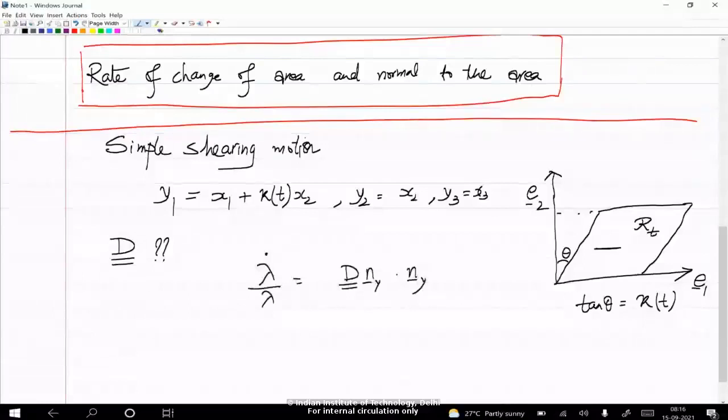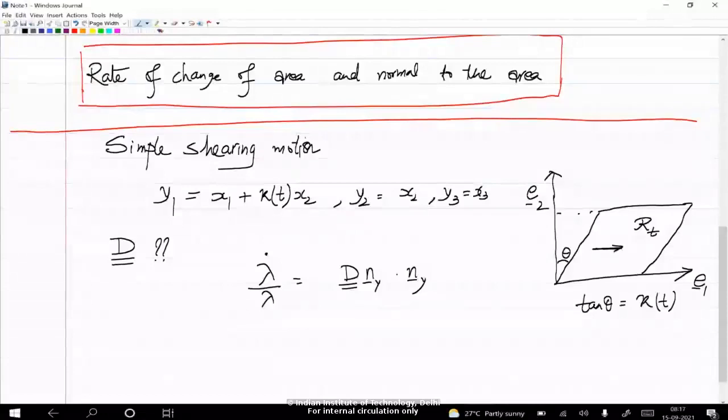But notice that for line elements which are along E1, they always remain along E1, isn't it? For this kind of motion, the line elements which are along E1, they always remain along E1. Similarly, the line elements which are along E3, they always remain along E3, isn't it?